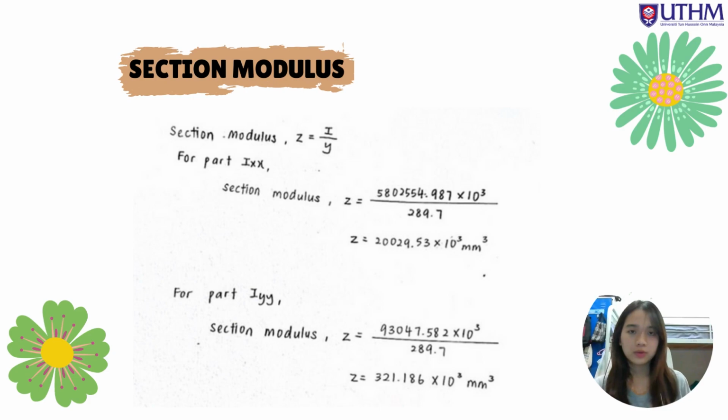Thank you. For the part of section modulus, we are using I over Y, which gives the section modulus of IXX as 20,029.53 times 10 to the power of 3. For the part IYY, we get 321.186 times 10 to the power of 3.